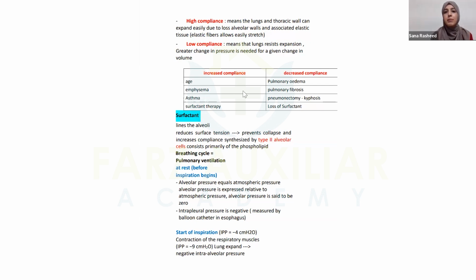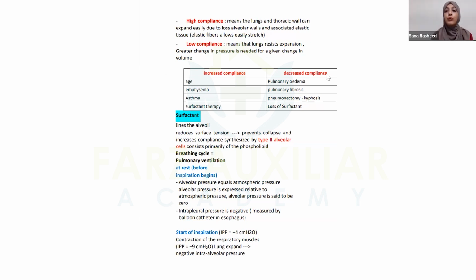The lung parenchyma expands easily due to loss of alveolar wall and associated elastic tissue. So in emphysema there's loss of the lung parenchyma, due to which it gets easier to inflate the lung. Similarly, with surfactant therapy, if we give surfactant to any patient, their compliance is going to go up.